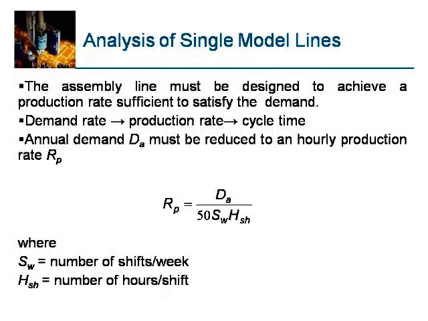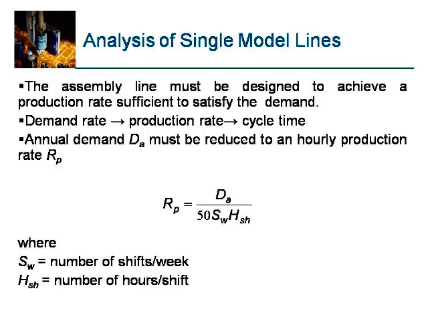Let us see the analysis of a single model line. The assembly line must be designed to achieve a production rate sufficient to satisfy the demand. Demand must be equal to production rate or cycle time. Let us say annual demand is DA, which must be reduced to an hourly production rate of RP.